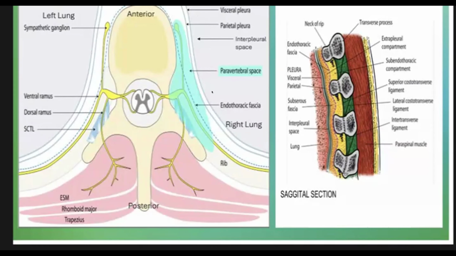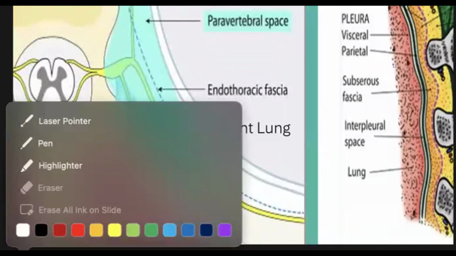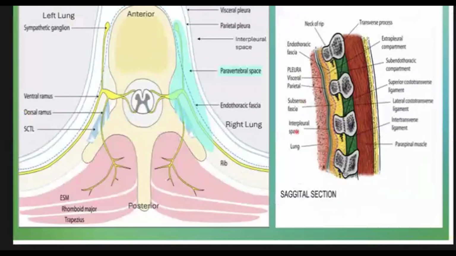So to perform a successful paravertebral block, we have to pierce the superior costotransverse ligament, as just beyond it lies the nerve roots as well as the intercostal vessels.